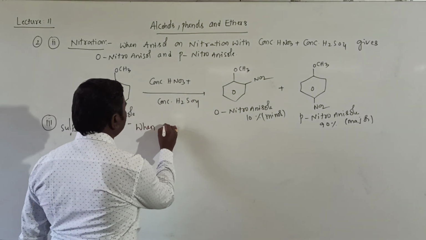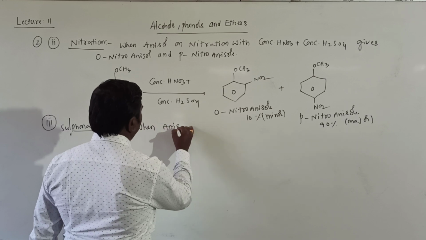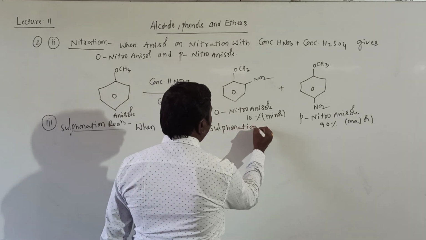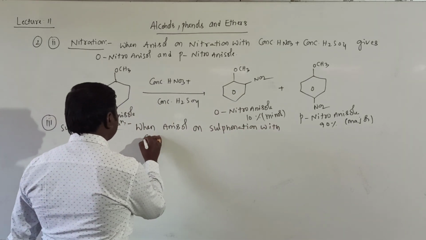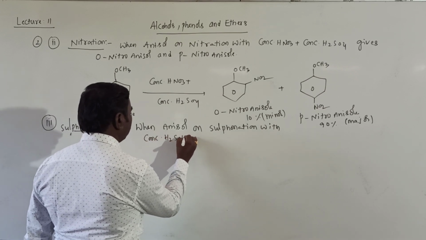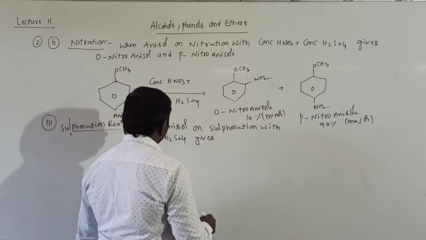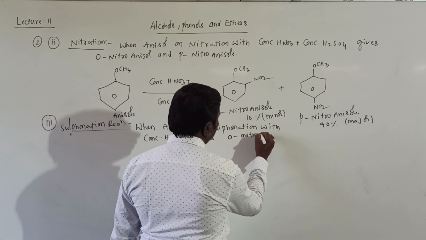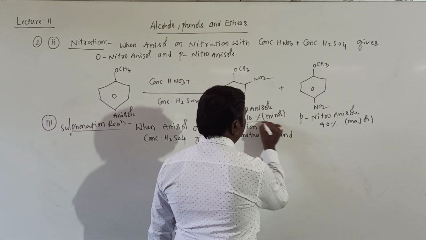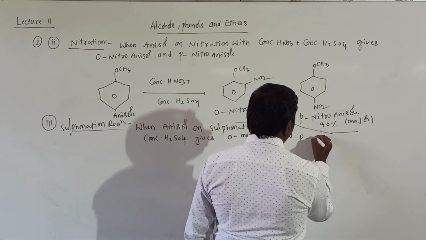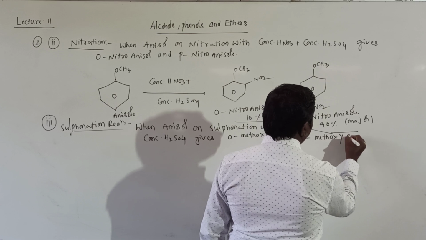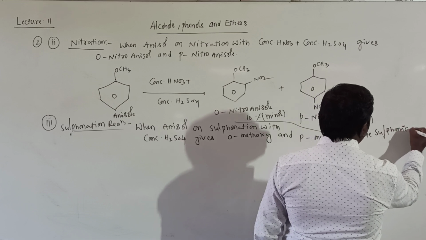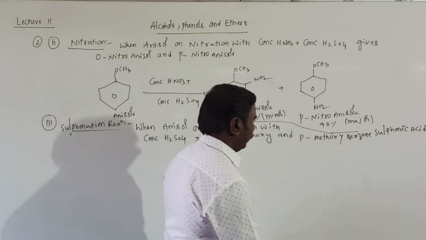When anisole undergoes sulfonation with concentrated sulfuric acid, it gives orthomethoxy and paramethoxy benzene sulfonic acid.